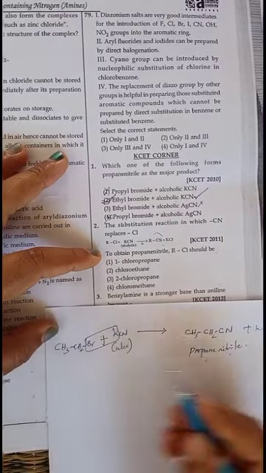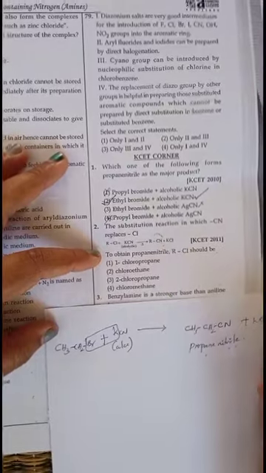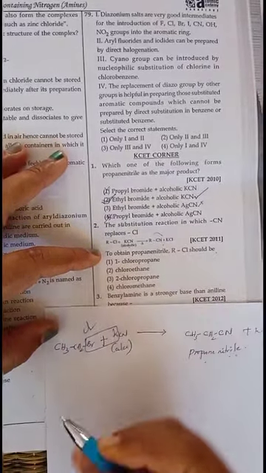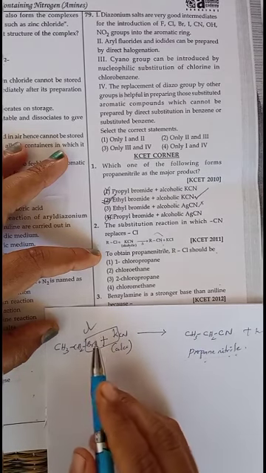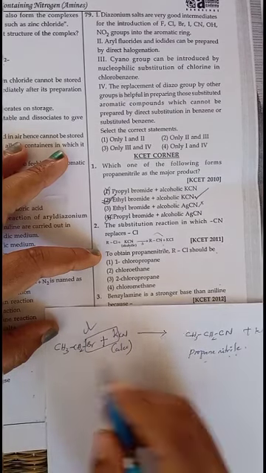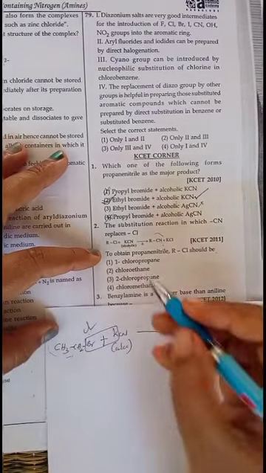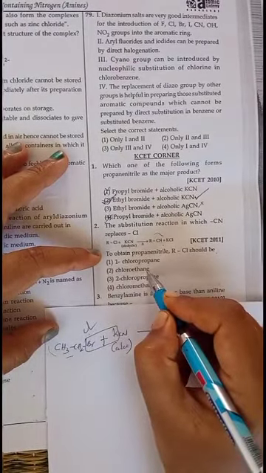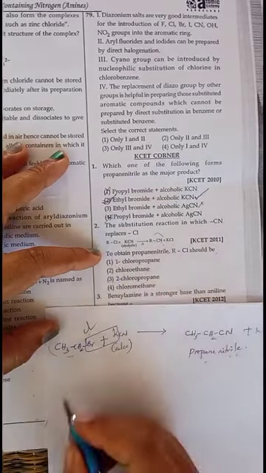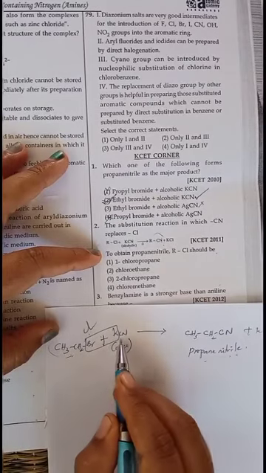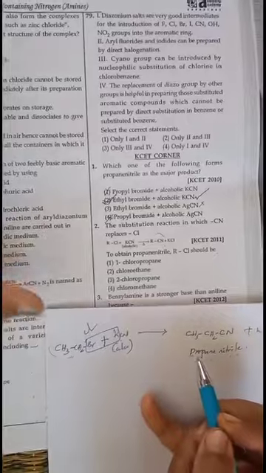In place of bromide they have given chloride. That means we have to select CH3CH2Cl. What is this? Ethyl chloride, or we can also call it chloroethane. Chloro and ethane. Chloroethane is taken. So in place of RCl, if you take chloroethane, when it reacts with alcoholic KCN, it can be converted into propane nitrile.